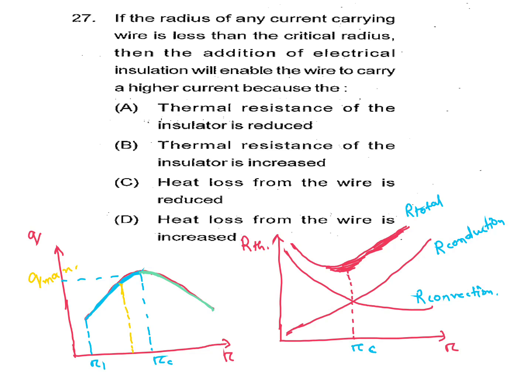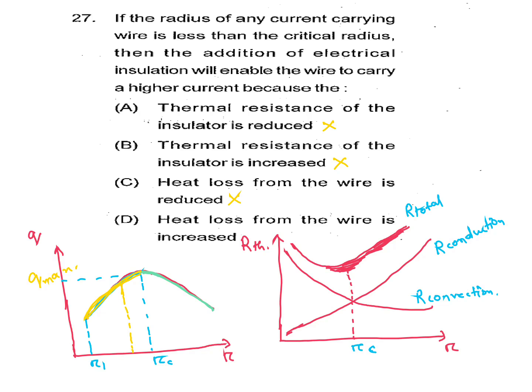If it is conduction, then it will increase. Not mentioned, so this is not possible. A also not possible. Heat loss from the wire is reduced. It is in this region, so heat loss is increasing. C also not possible. So our answer is heat loss from the wire is increased.